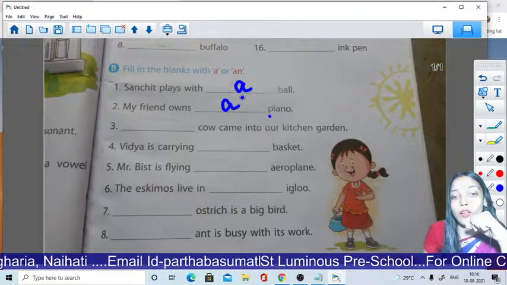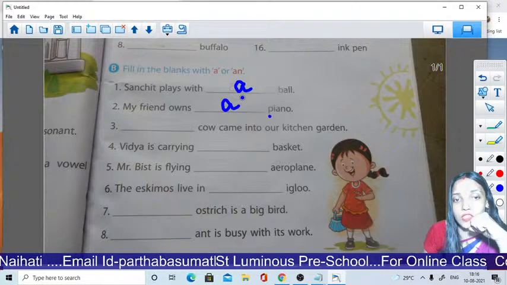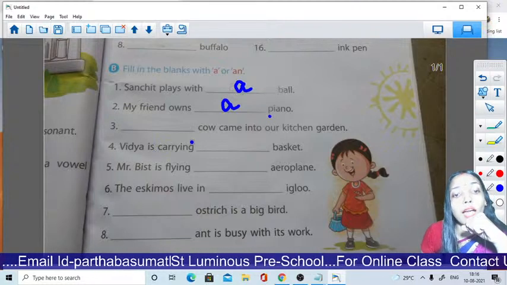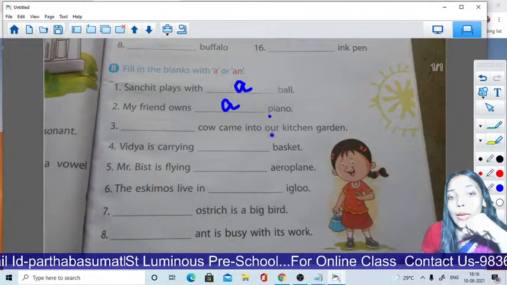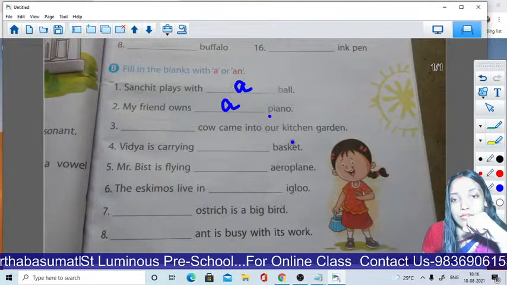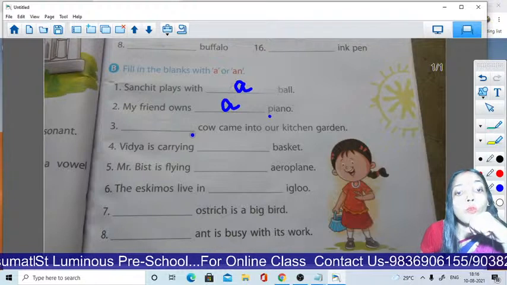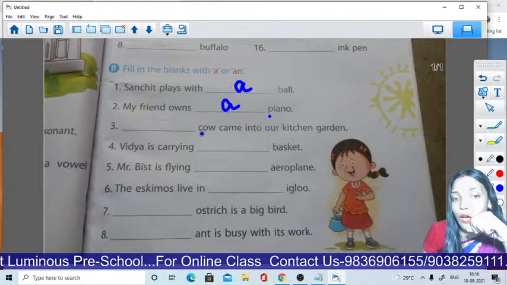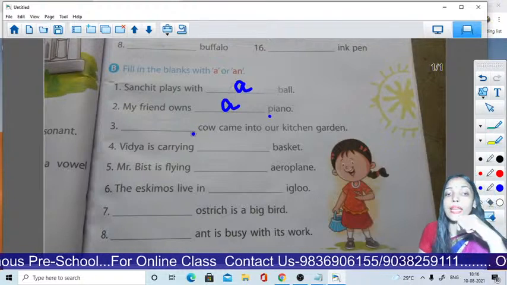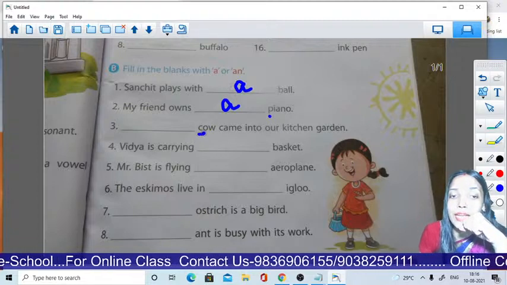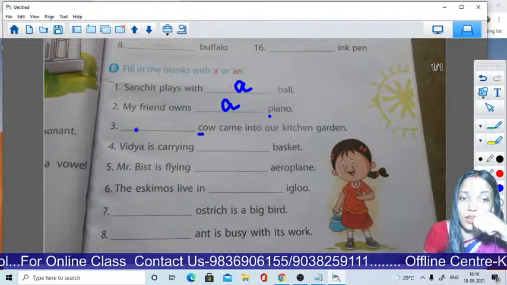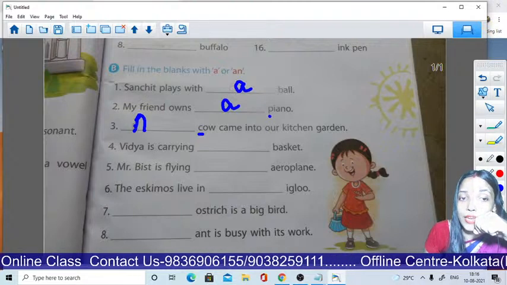Clear? I hope you all understand it. Now number 3. Blank cow came into our kitchen garden. Here, what can I write before cow? Look, the beginning letter of cow is C. It's not vowel, it's consonant. So write a.